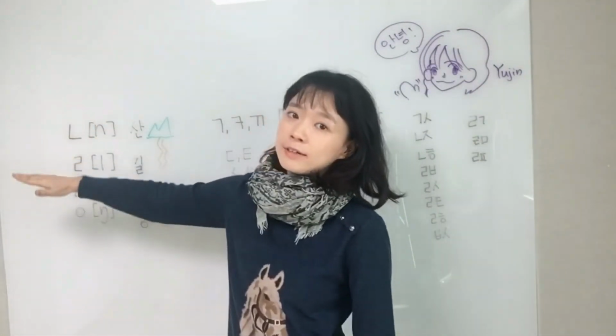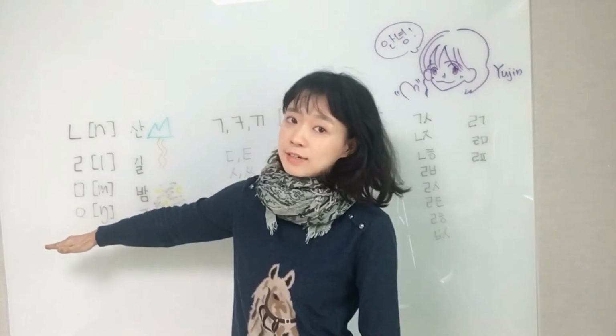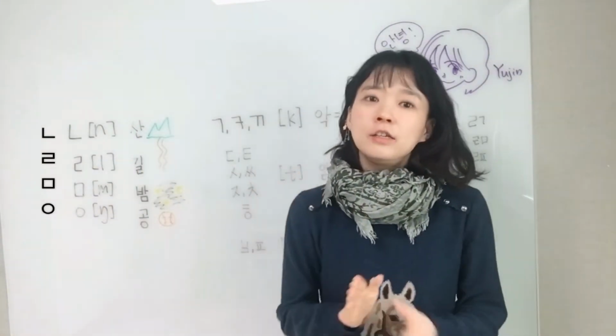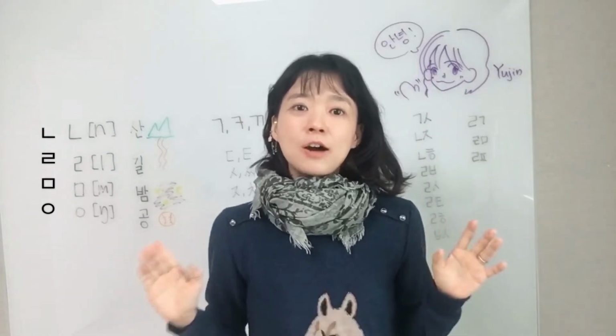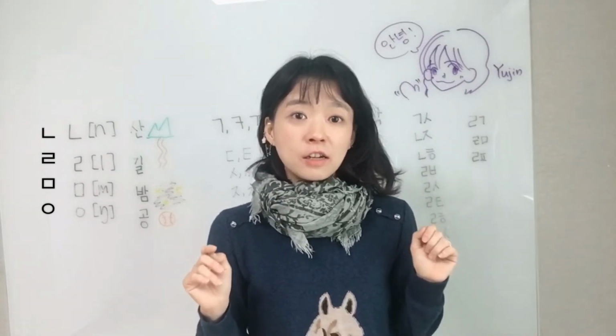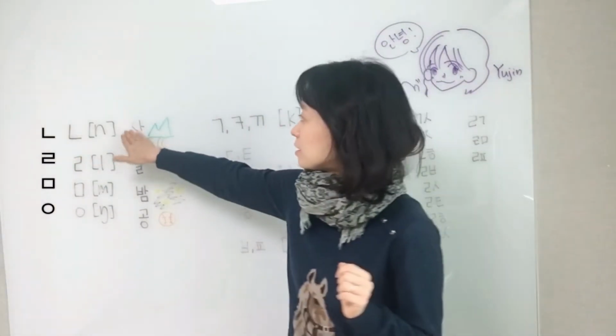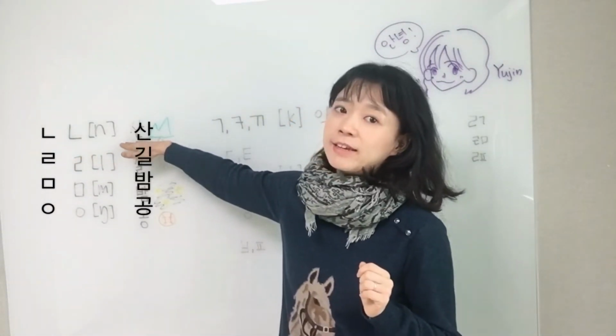Remember, ㄴ, ㄹ, ㅁ, ㅇ. These keep the same sound value as the consonant. So, ㄴ sound, 산.